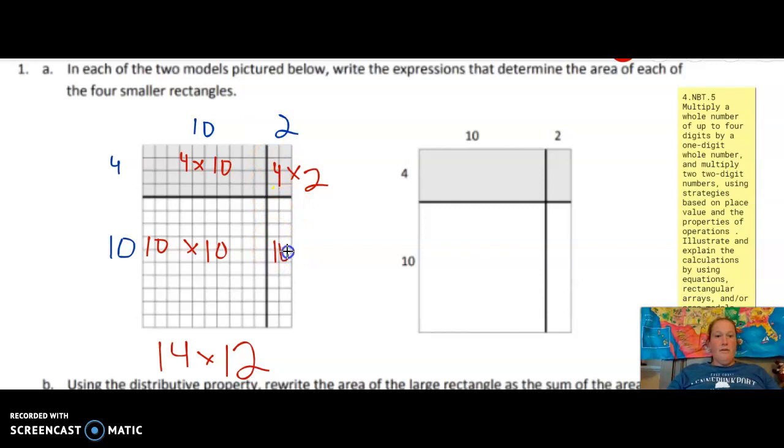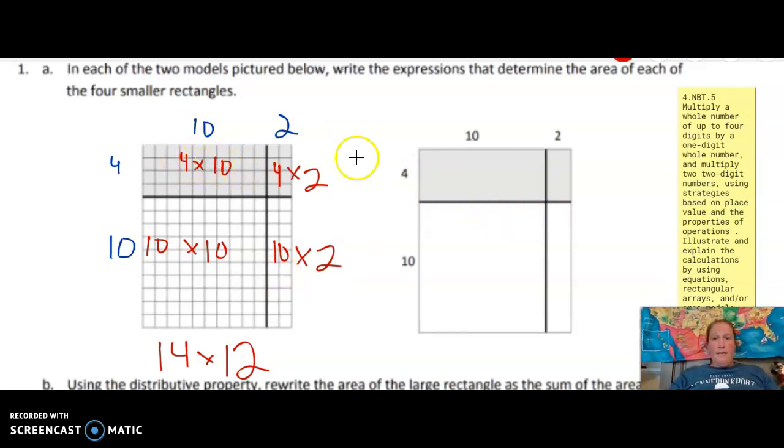If you've ever played Battleship before, I like to tell my kiddos that's how you line it up. You go from here to figure out what box you're in. If we look to the right, it's the same thing, just without our little cubes, our little pieces.